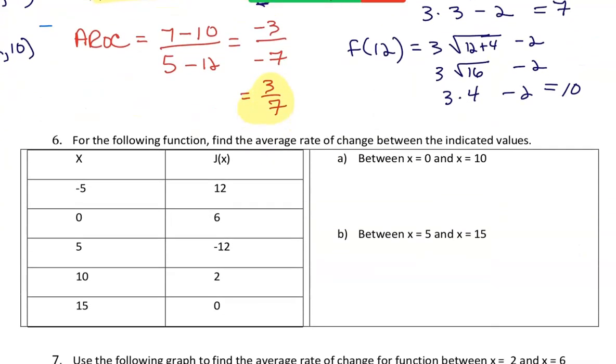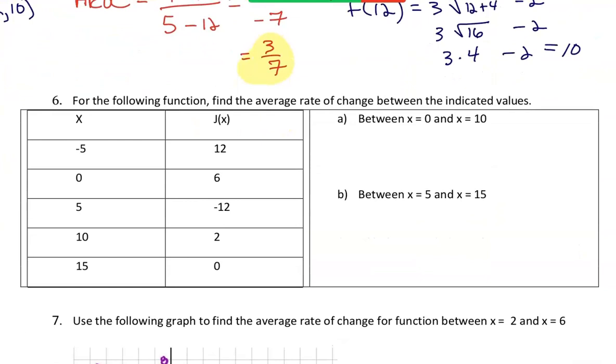Okay, still asking you average rate of change. Now I give you a table. So you're going to look at this table, and we're going to figure out the average rate of change. They want the average rate of change between these 2 points. So in green, my x is 0, and my x is 10. They gave me the y's already. My job is just to say change in y over change in x.